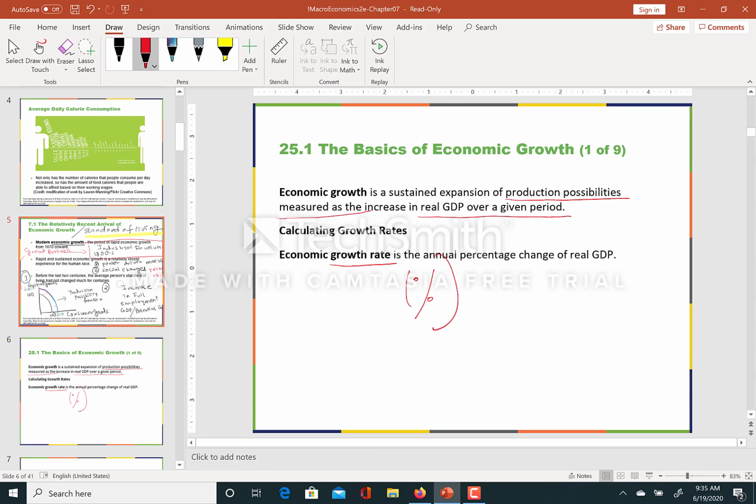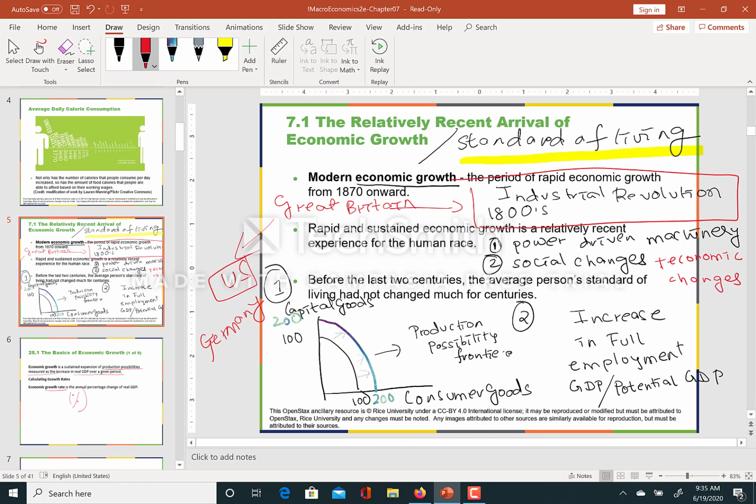So if I look into this slide here, by economic growth we mean we have a rightward shift of the production possibility frontier from 100 to 200. Or we can have an increase in full employment gross domestic product, or an increase in potential gross domestic product.